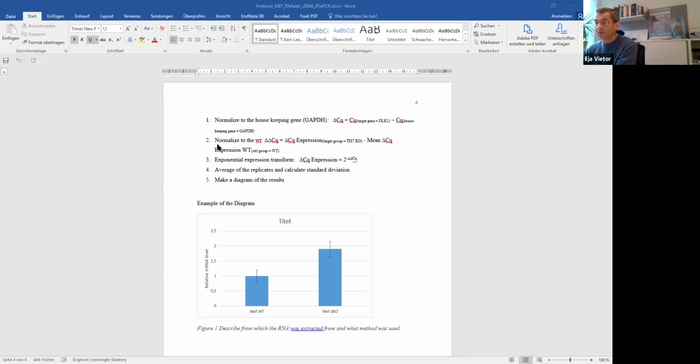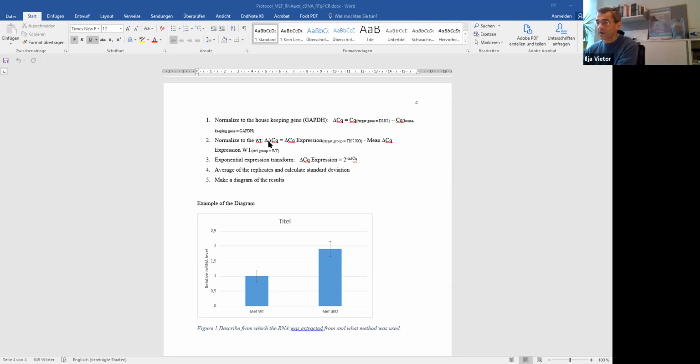Next step, normalize to the wild type. So you first normalize to the housekeeping gene and then to the wild type. So what you want to know is the difference between your target group, in our case the T7 knockout mice, and the wild type.